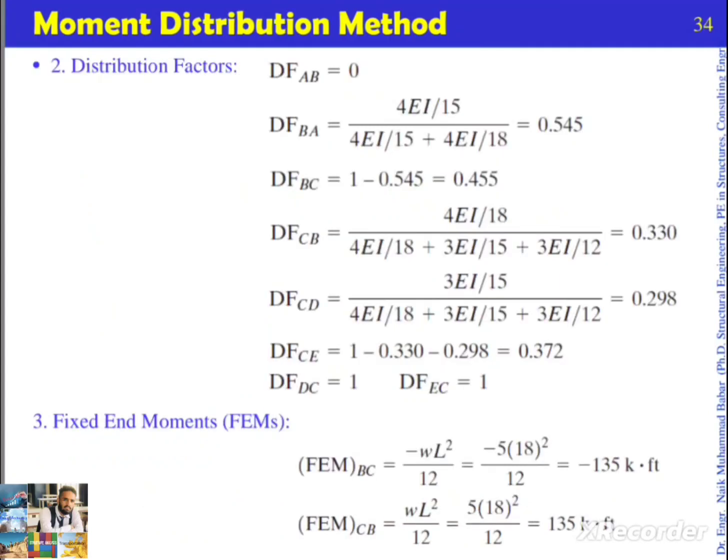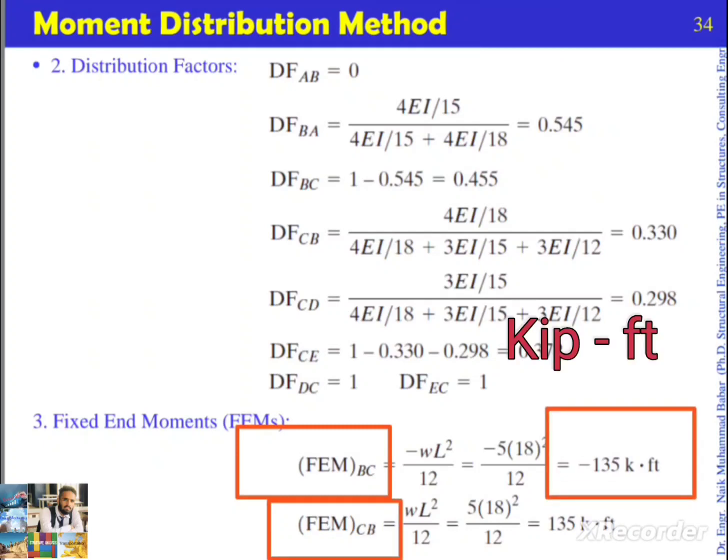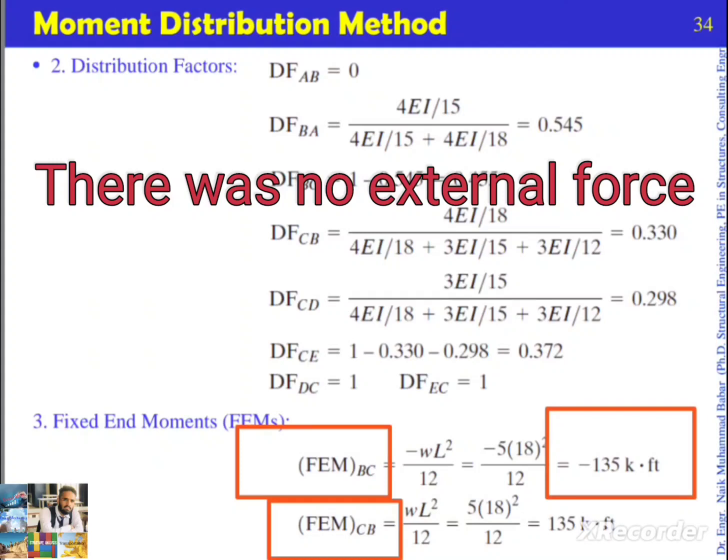We only calculate the fixed moment for BC, which is minus 135 kip per feet, and for CB it is 135 kip per feet. For the other members AB, BA, CE, CD, it is equal to 0, remember this, because there was no external force.